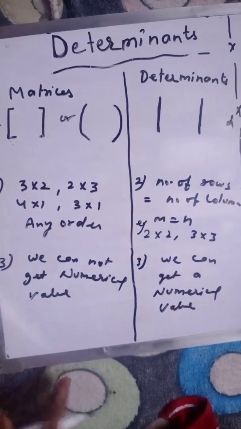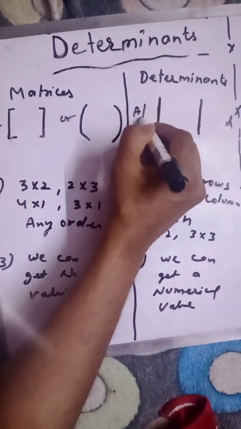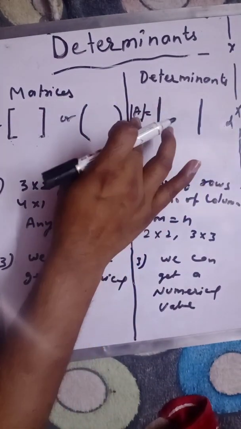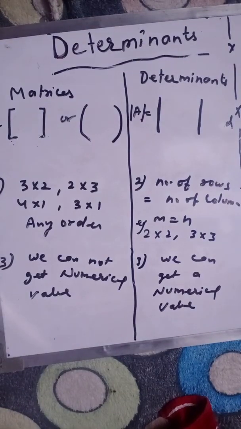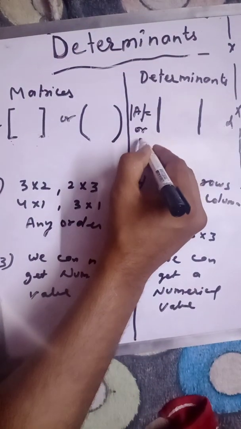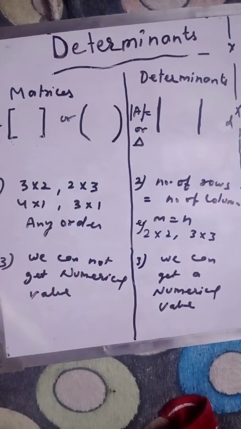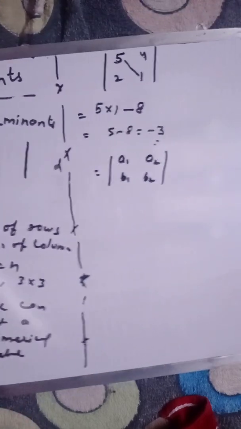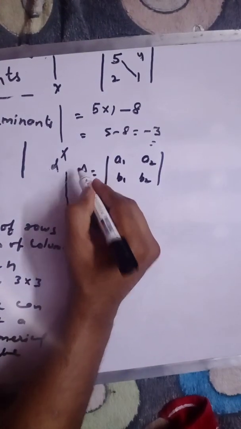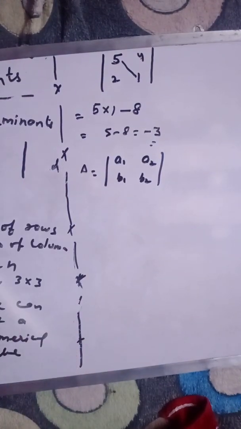But in determinants, what you have to use is A within these straight bars. So this is a representation of matrix determinants, or you can say the delta sign. So these two are the symbols of representation of determinants. Fine. So here I can use this delta sign to represent this determinant whose order is 2 by 2.